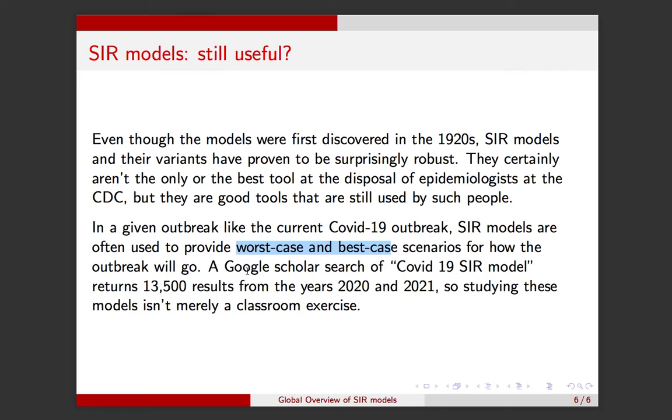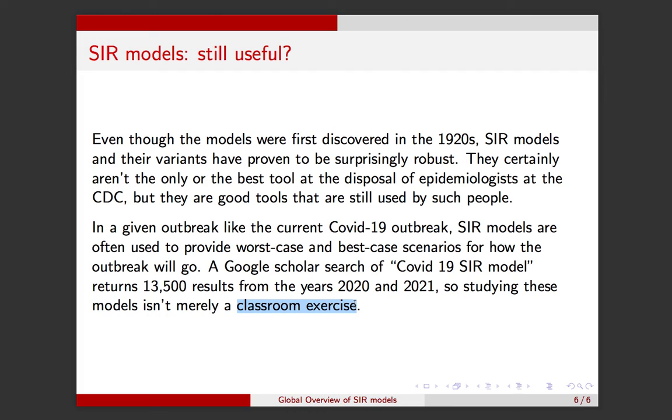Now, again, if you're worried about relevance, I did a Google Scholar search for this. Not just any disease, but COVID-19 SIR model. And I asked it to look just last year and this year. And there were more than 13,000 results. So these are still very much being used, still very much relevant. So again, this is not a classroom exercise or a historical exercise, right?